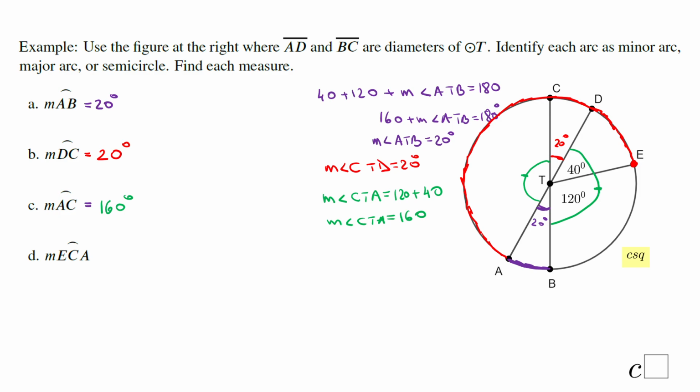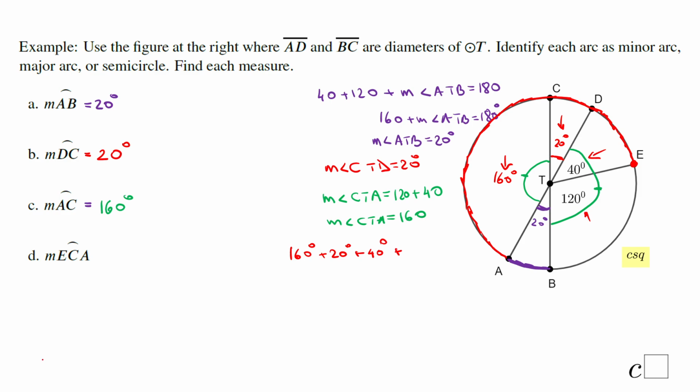And you have choices here. Remember that this angle here is 160. We did it in the previous step, so we can do 160, that angle, plus this angle, so 160 plus 20, plus this 40, plus the 120.